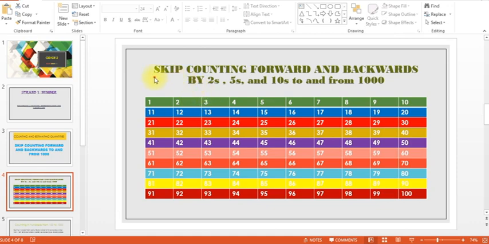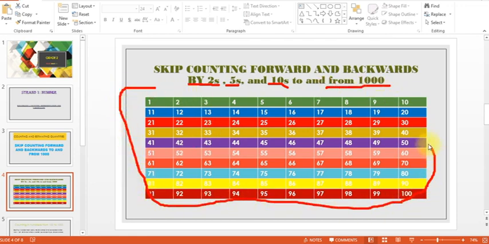In this lesson, we're looking at skip counting forward and backwards by 2s, 5s, and 10s to and from 1000. This table here will help you a lot.